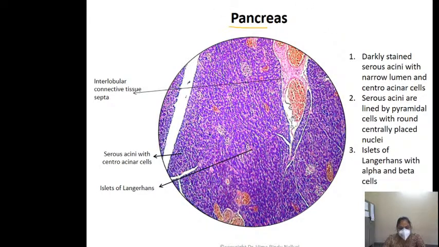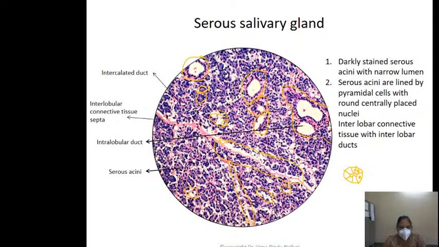Here you see one connective tissue septum extending, where you see the interlobular connective tissue septa with some ducts, and these are the blood vessels. This is a blood vessel. Within the parenchyma of the gland you see the serous acini, and the lumen is almost not seen for the serous acini of the pancreas. But here you can see the serous acini with a small, clear lumen. For all acini you can see at least a small space in the center.